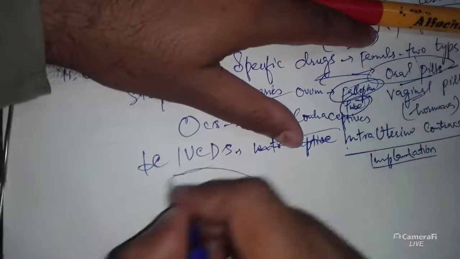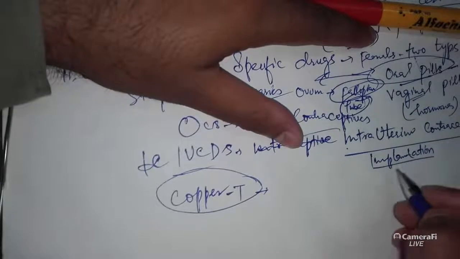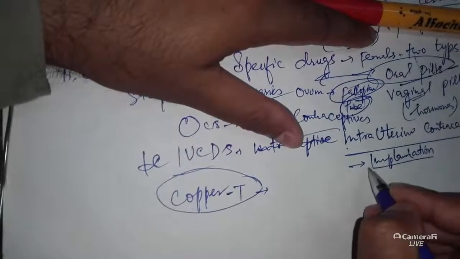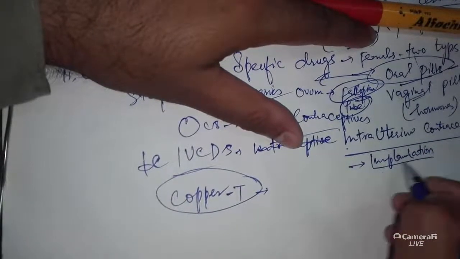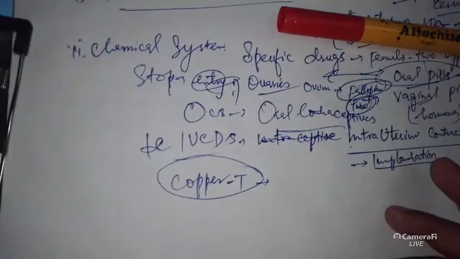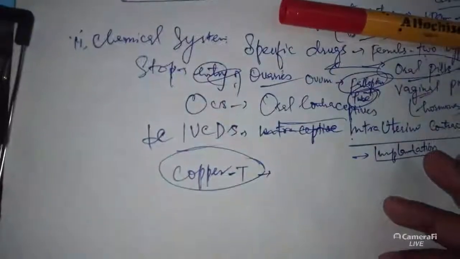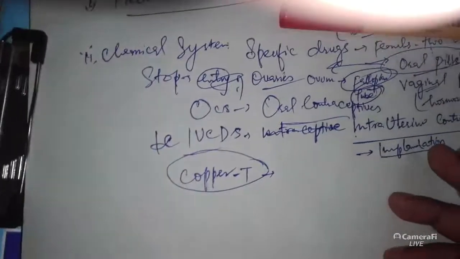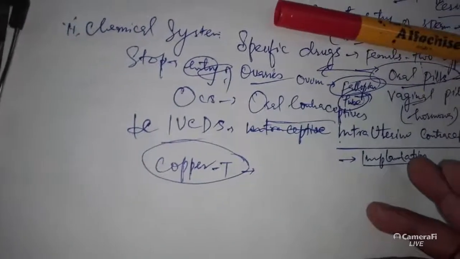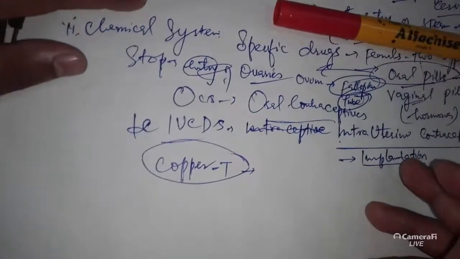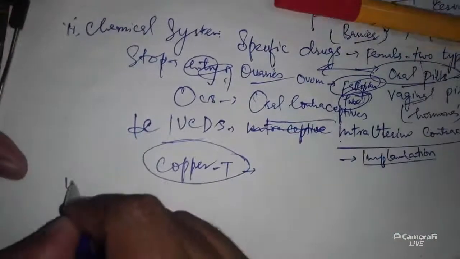This copper T is a metal which helps prevent the implantation of the zygote. Okay, good. Then there are other methods.